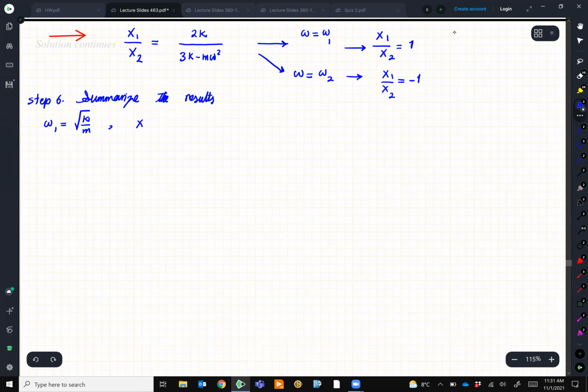And we found the first mode shape, which is 1 and 1. Remember, we decided to show them like that, rather than the ratio. And omega 2 is square root of 5k over m. Mode shape 2, if I put x1 as 1, x2 is minus 1.